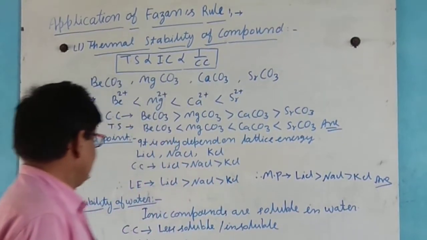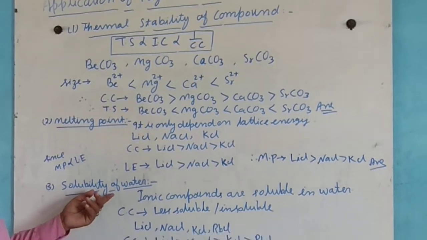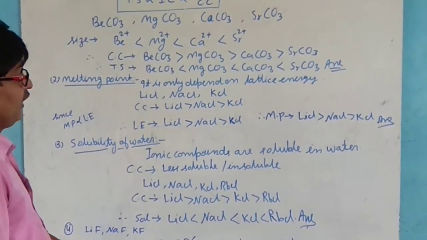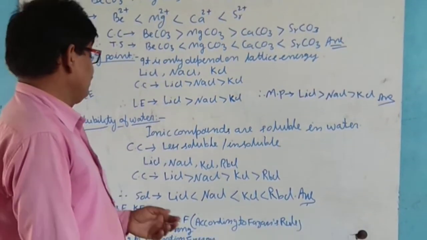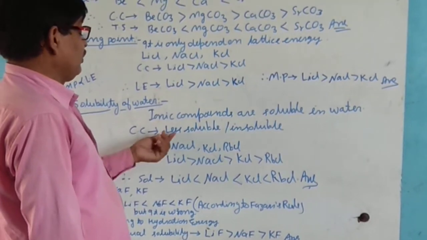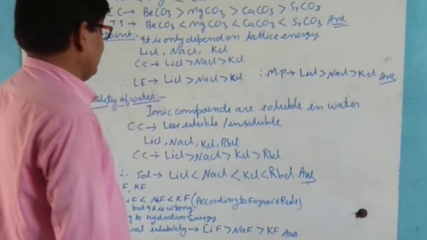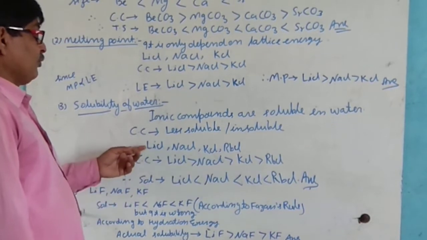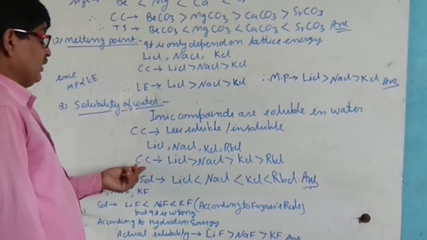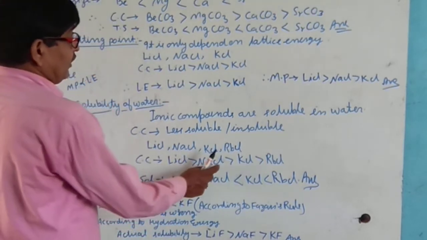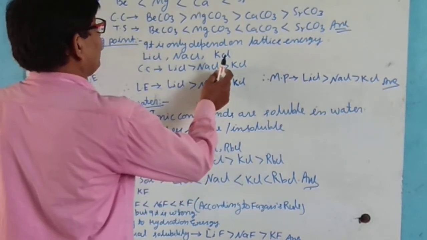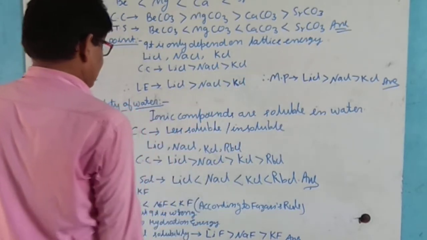Now solubility in water. Ionic compounds are soluble in water, and covalent compounds are less soluble or insoluble in water. Now lithium chloride, sodium chloride, potassium chloride, and rubidium chloride. The covalent character of lithium chloride is greater than sodium chloride, greater than potassium chloride, and greater than rubidium chloride.